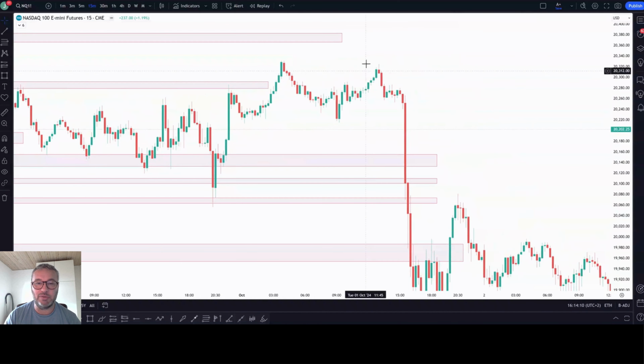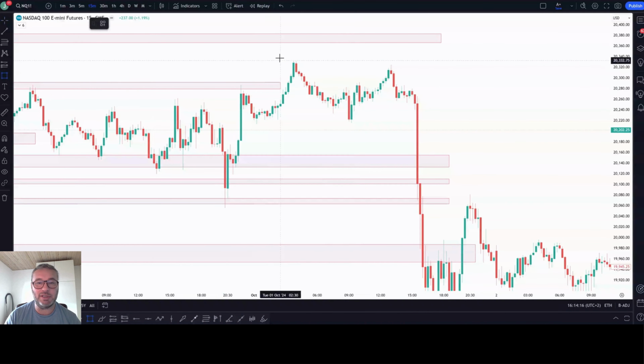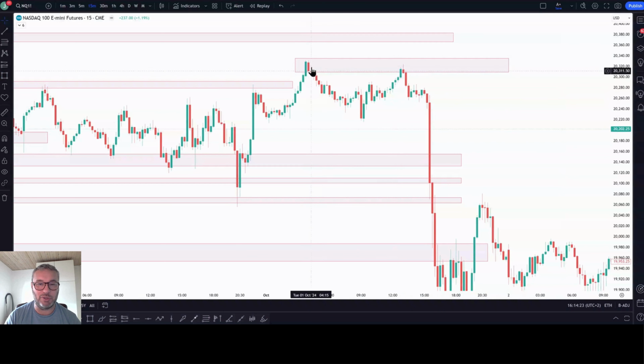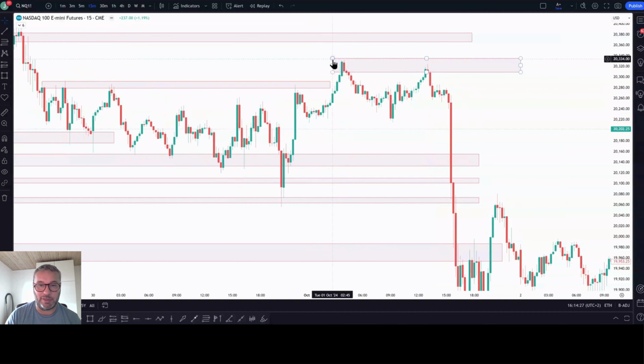So let's continue. See here, now we have another significant high, which means a higher high, you can say. It means I will draw a new box here. I just use the bearish candle as how large my box will be. It'll be here.